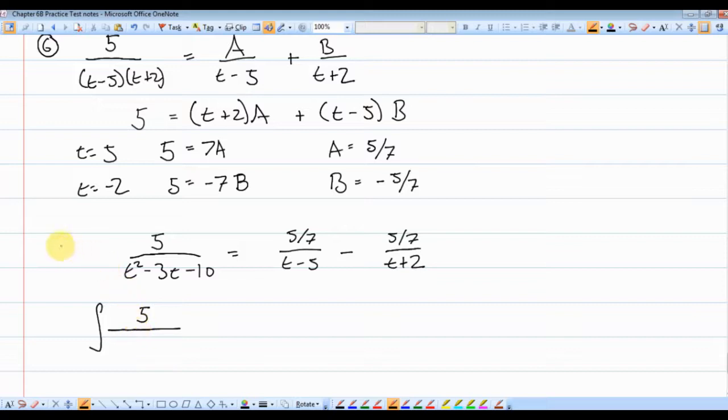I think this was part A right here. That's part A. Part B, the integral of 5 over t squared minus 3t minus 10 equals the antiderivative of, well, I'm going to be really smart and factor out the 5/7 now.